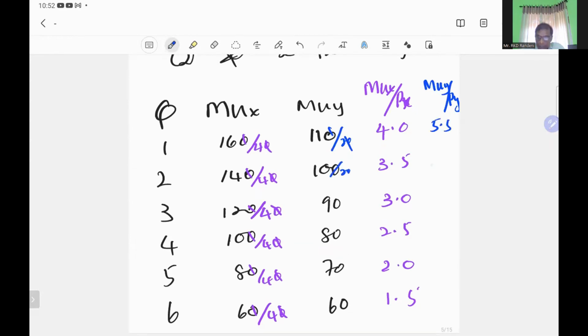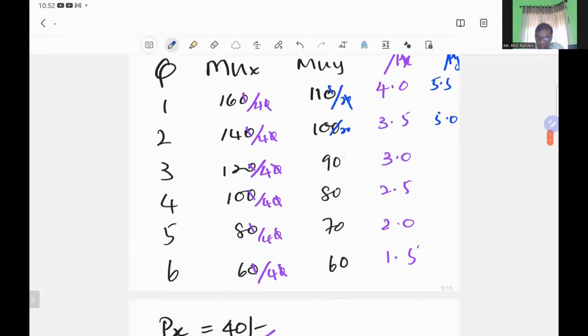Divide by 20, that is 5. Divide by 20, 4.5. Divide by 20, that is 4. Divide by 20, that is 3.5. Divide by 20, that is 3.